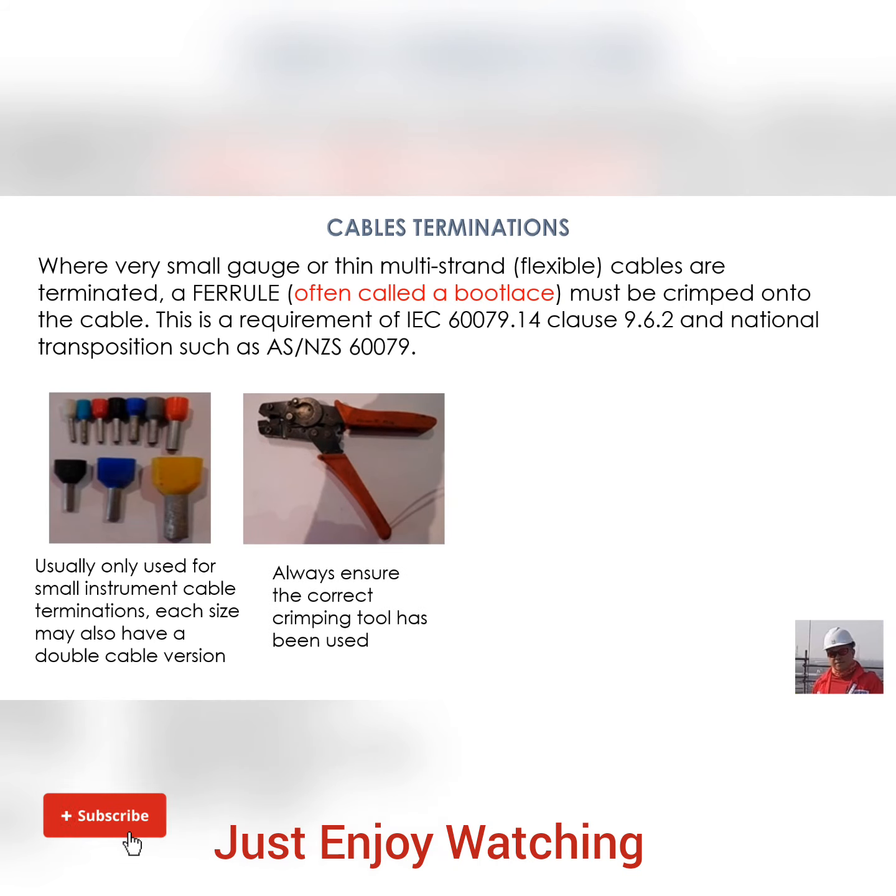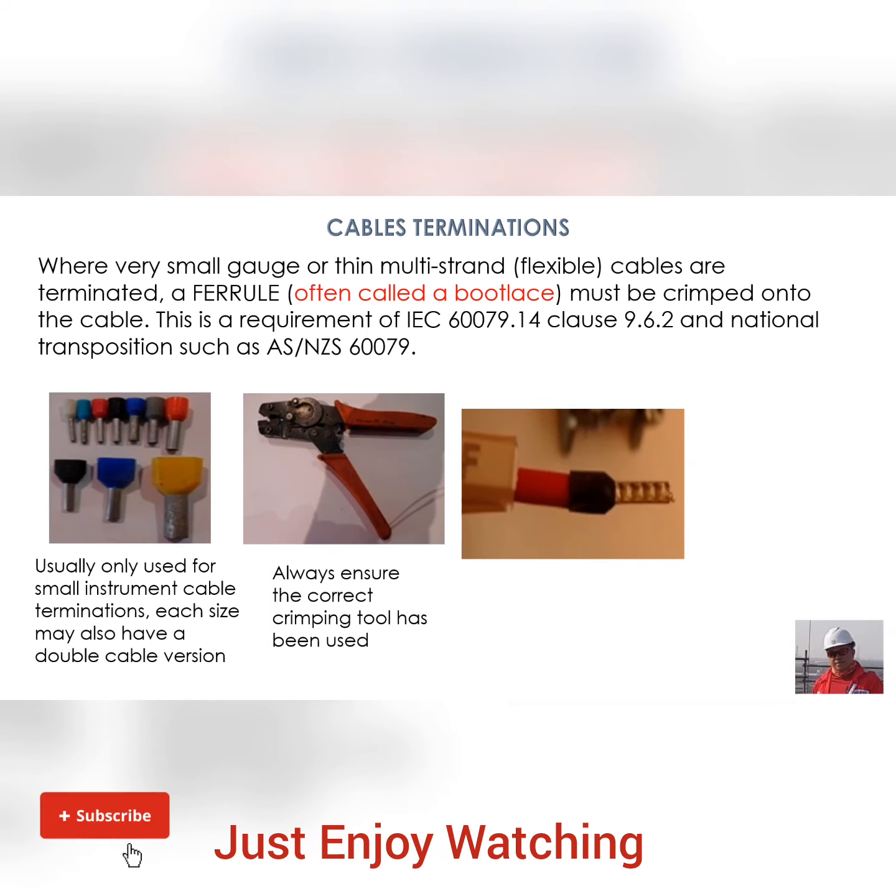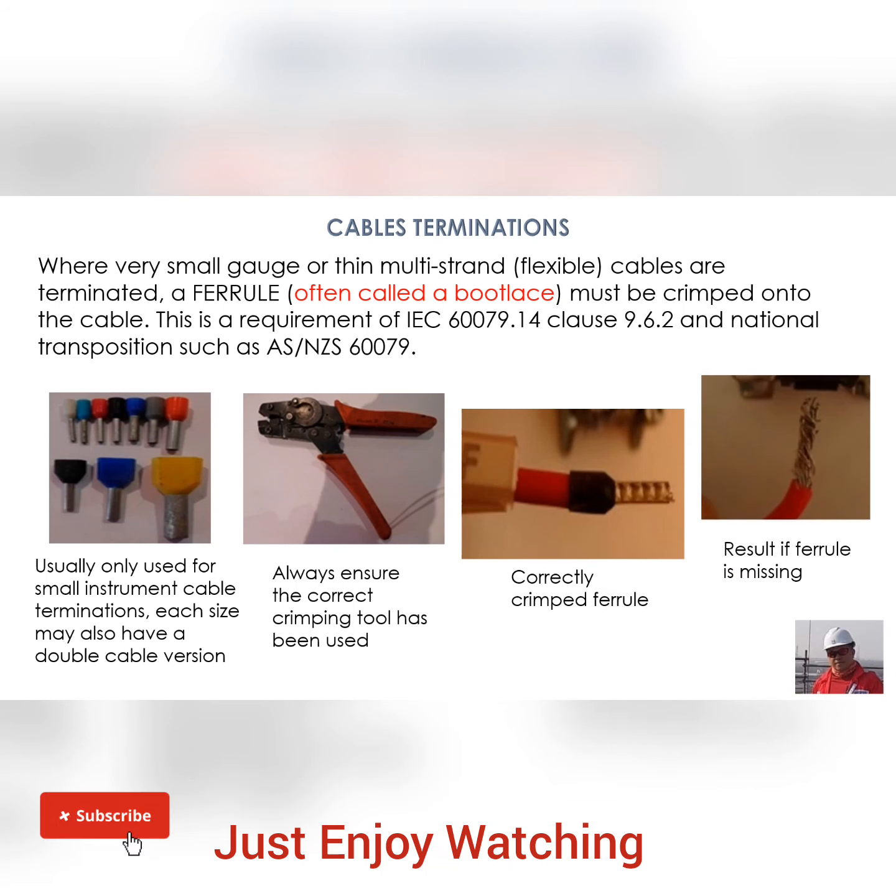Then again, this is our crimper. You can see the correct crimper for ferrule. And then how about this? Result of ferrule is missing. So in our industry, especially oil and gas, I've been in oil and gas for 20 years, we could not accept this kind of result.